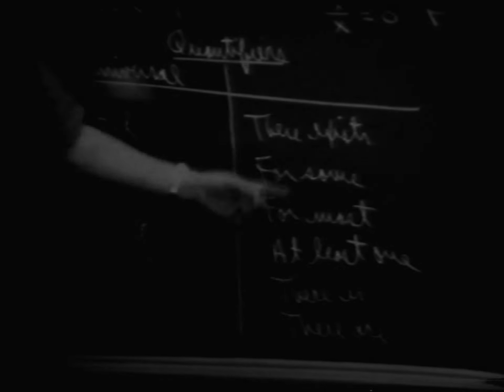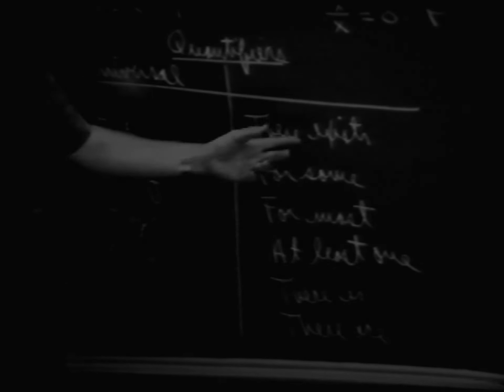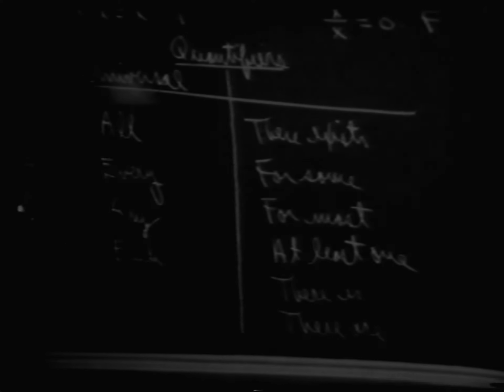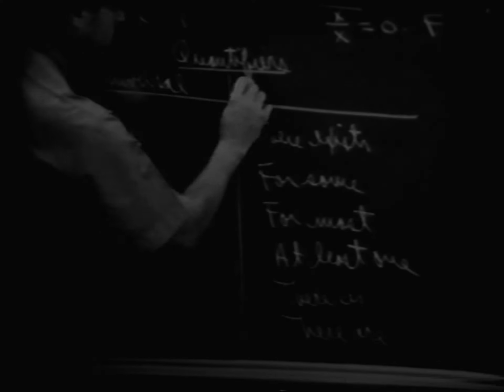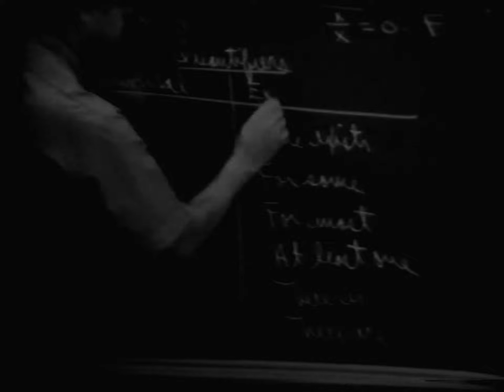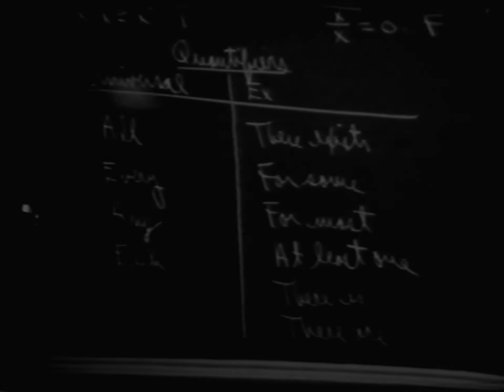Now, all of these words imply the existence of something, in which we need to have at least one example. And there's a fancy word that goes with this kind of quantifier, and it is called the existential. Wow, can you all say that? Existential.